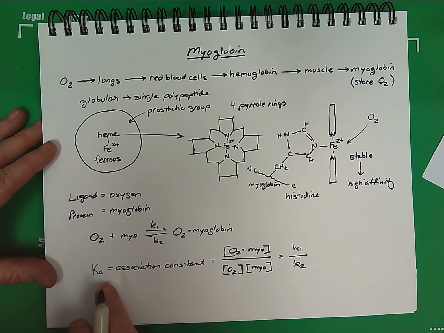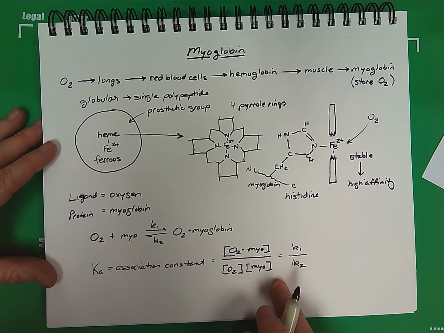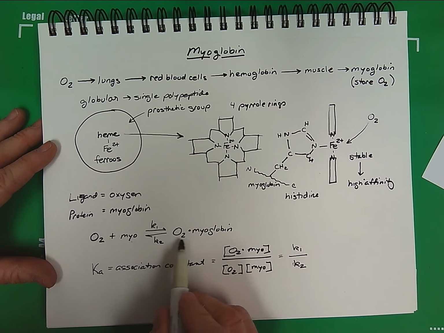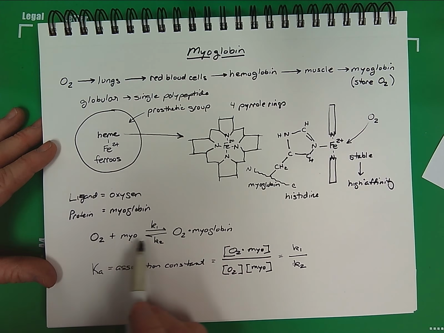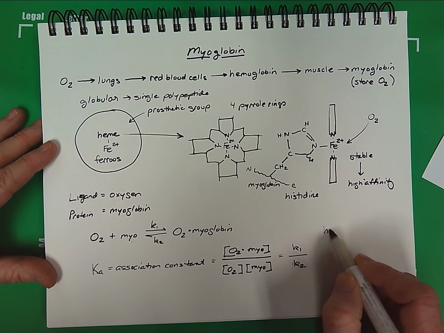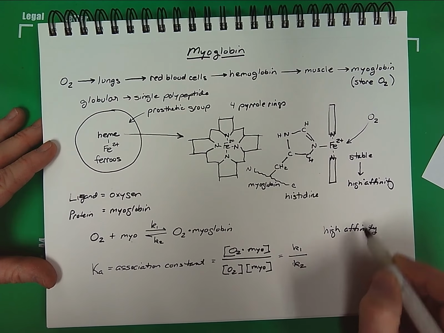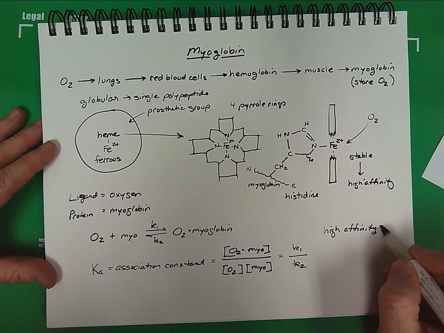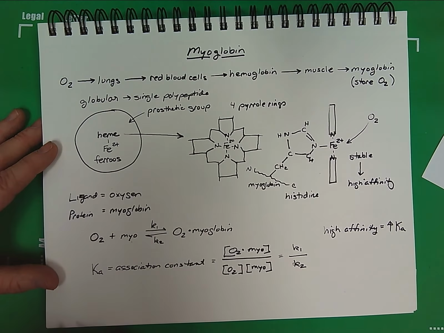So high affinity binding, if we apply this equation, indicates that we have a large amount of oxygen myoglobin complex formed relative to the concentration of oxygen and myoglobin. So this means that the reaction is being driven to the right. So high affinity means greater product formation, which equals a very high association constant.